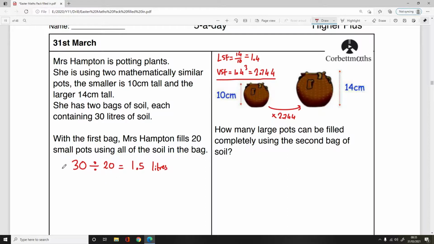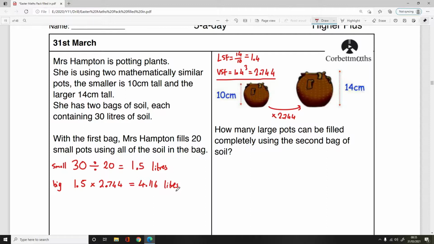So that was for the small. For the big pot, we can take that 1.5 and multiply it by our volume scale factor, and we get that a big pot is 4.116 litres. I'm not rounding anything here because I'm not sure exactly what it wants me to do with it yet.